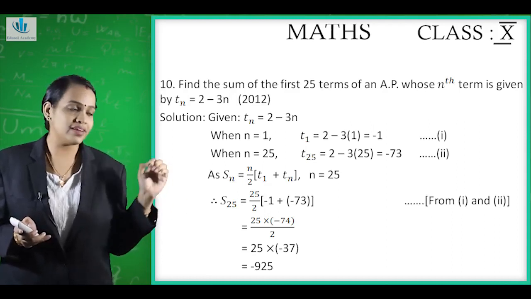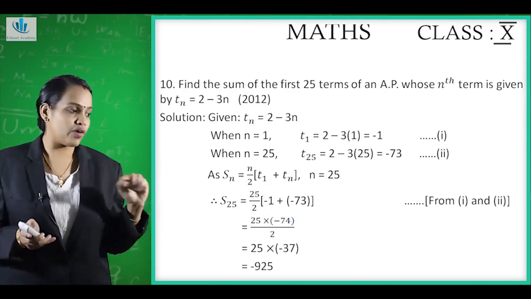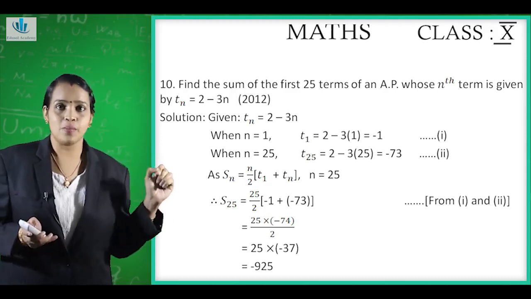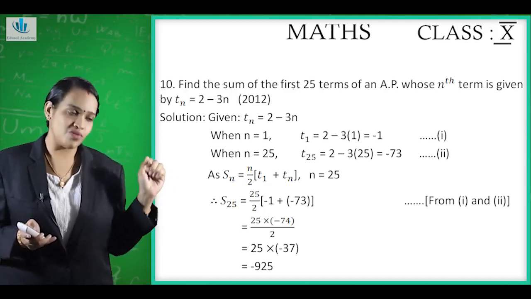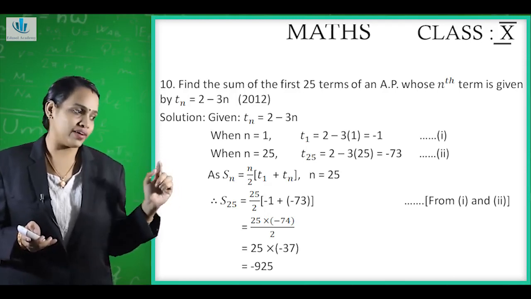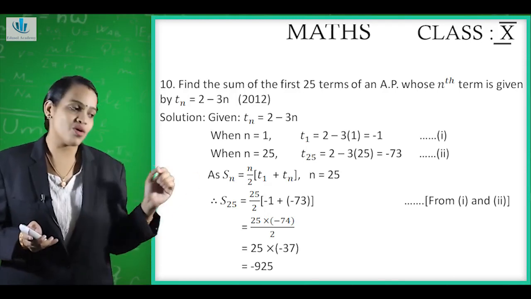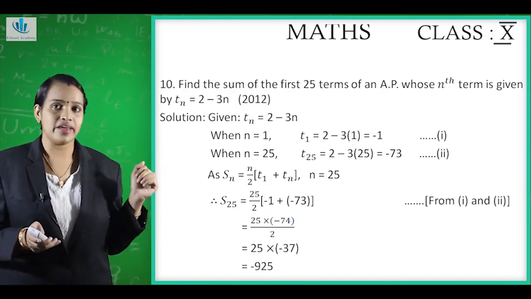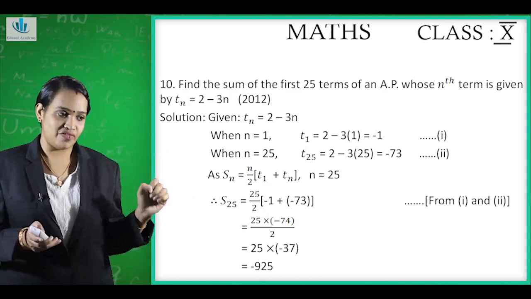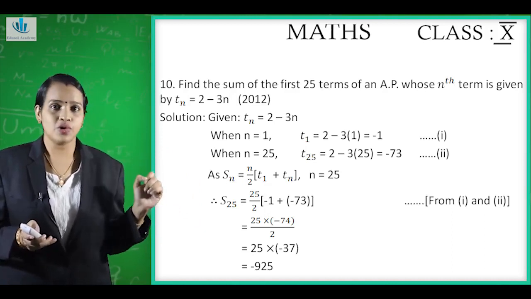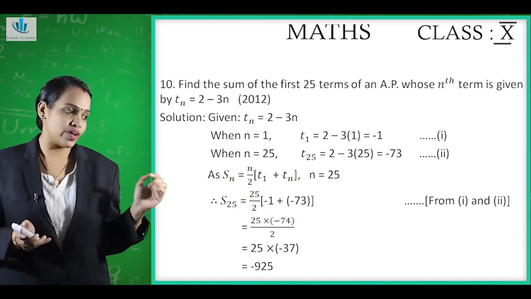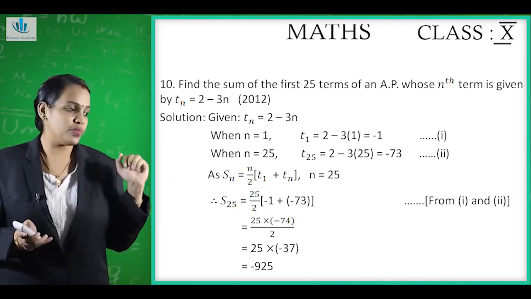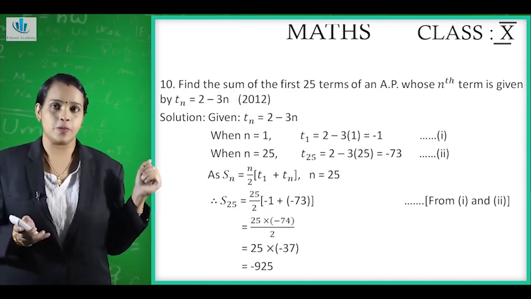When we put n is equal to 1, it will be T1 is equal to 2 minus 3 into 1, which is equal to minus 1. We will take this as equation 1. Now when we put n is equal to 25, it becomes T25 equal to 2 minus 3 into 25, which is equal to minus 73. Now we will take this as equation 2.